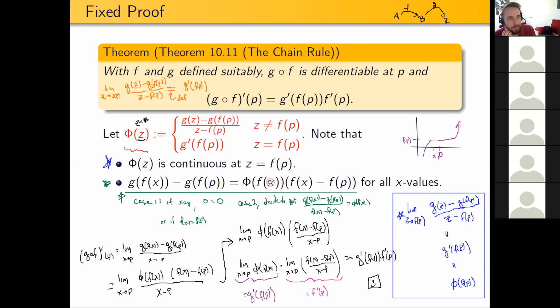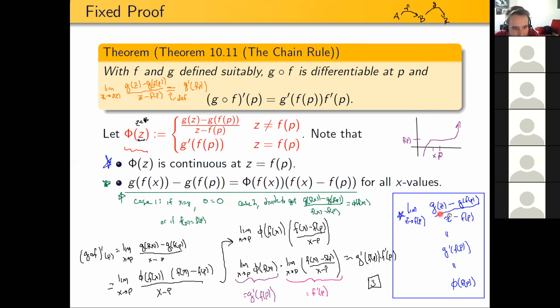So x was some element that I could plug into f, so x is an element of A. So f of x is an element of B, and I'm just plugging an element of B into my function phi. In here and in here, I'm plugging in elements of B. So I think we're okay in this line, and similarly down here, let's be careful.